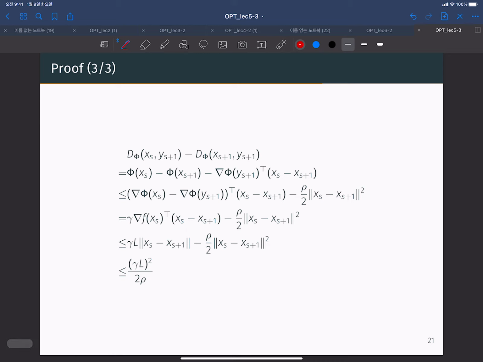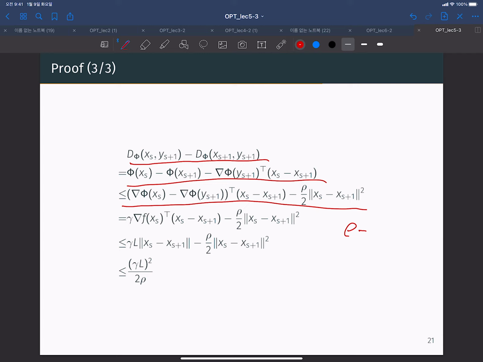From the definition of the Bregman divergence, we can rewrite the Bregman divergence between x_s and y_{s+1} minus the Bregman divergence between x_{s+1} and y_{s+1} like this. And again, from the rho strong convexity of your Π function, we have this, which comes from the strong convexity.